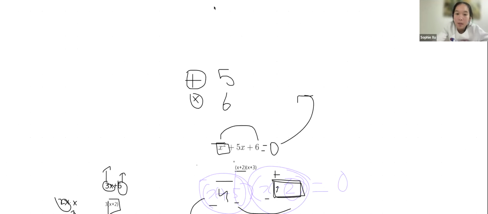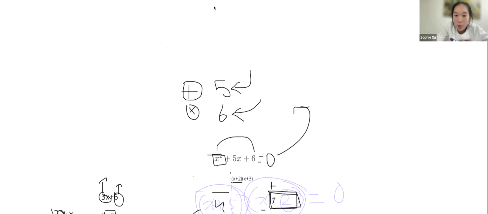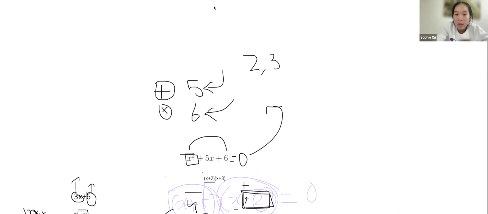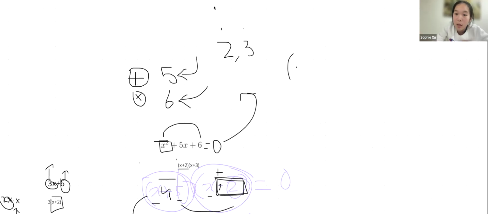Since it's just 1, we don't really need to do anything. So we need to find two numbers that add up to 5 and multiply to 6. In this case, we realize that 2 and 3 fit these conditions. So we can just put 2 and 3 into the brackets and turn it into x plus 2 times x plus 3. Does that make sense?